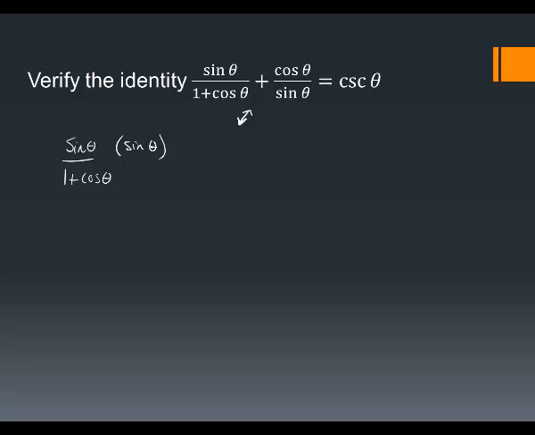And we're multiplying it by the common denominator. And the common denominator is going to be 1 plus cosine times sine theta.